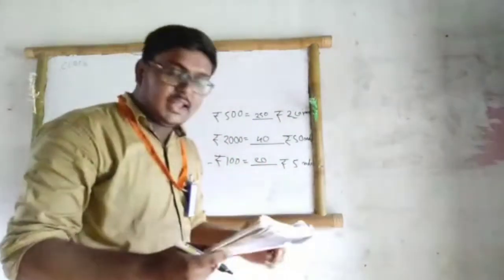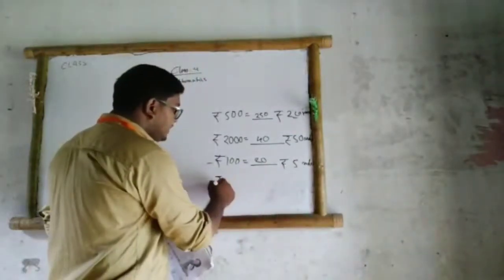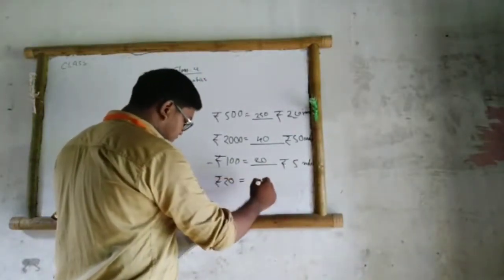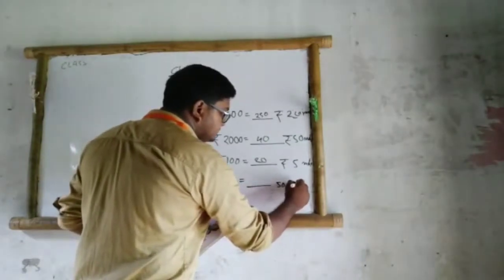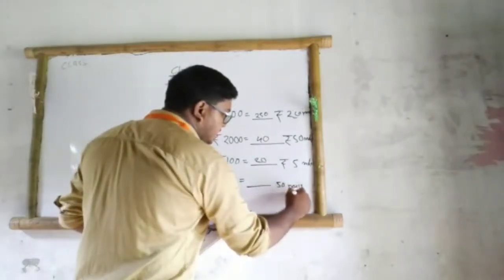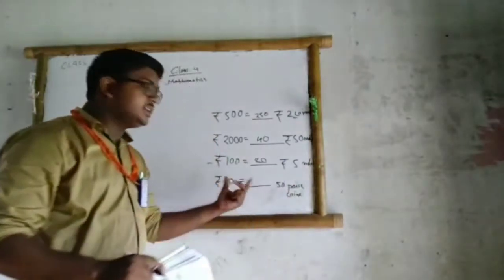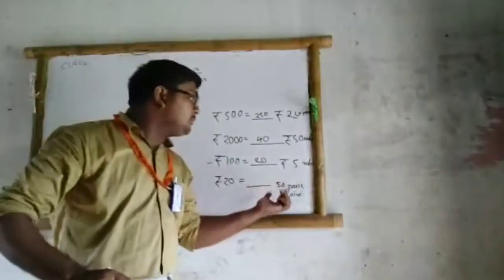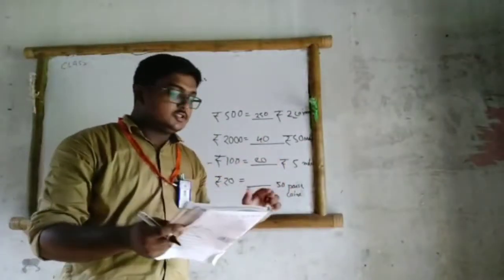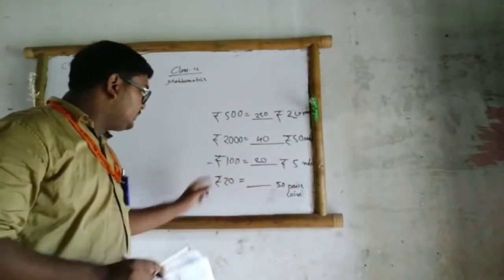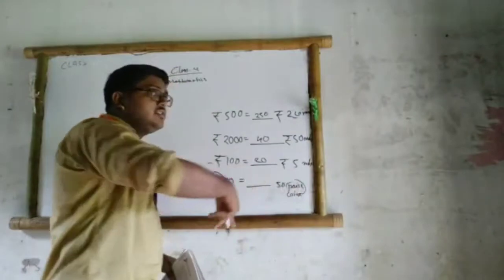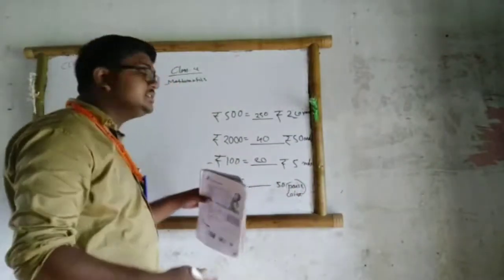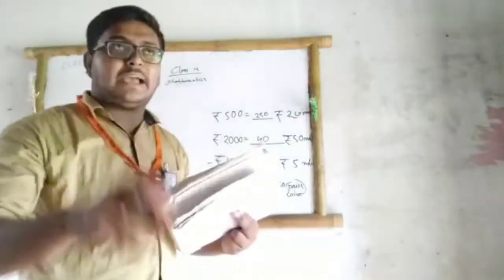And the last one, rupees 20 is equal to how many 50 paisa coins? Here is rupees and here is paisa. So now you have to convert this rupees 20 into paisa first.